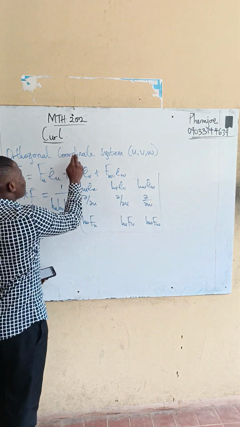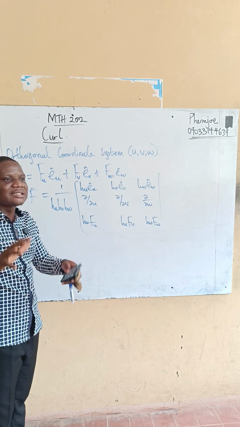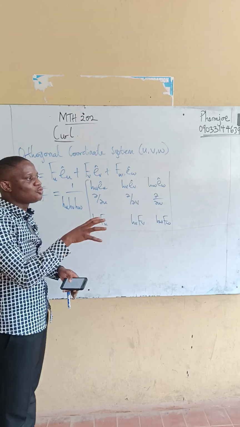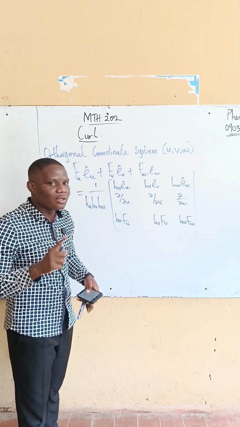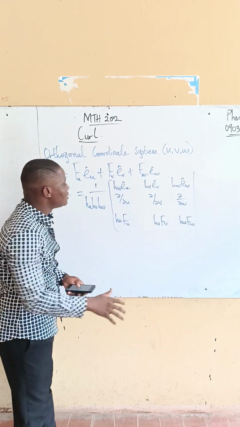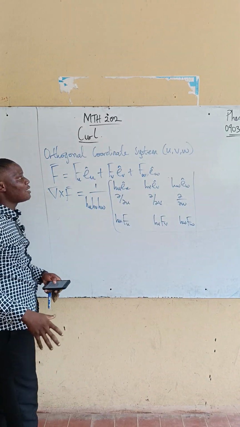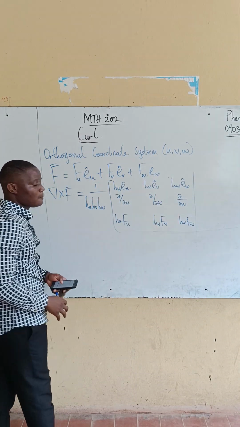So orthogonal coordinate systems don't have a general scale factor. Their scale factor switches according to what type of coordinate system you are engaging, unlike Cartesian coordinate system, where it's just general for all of them. So this will be your new formula now in orthogonal coordinate system, a general formula.